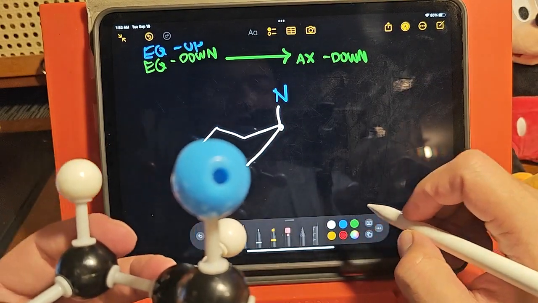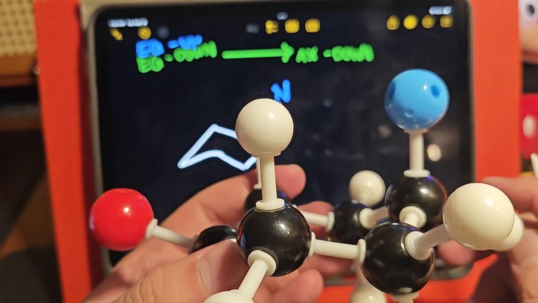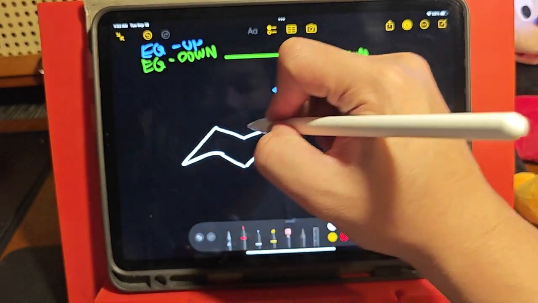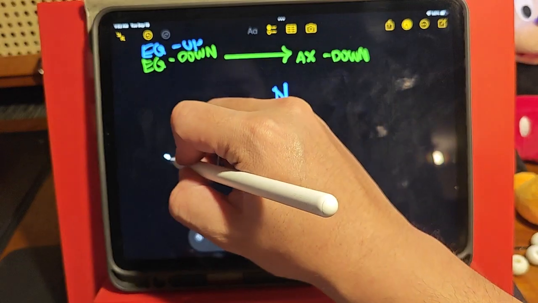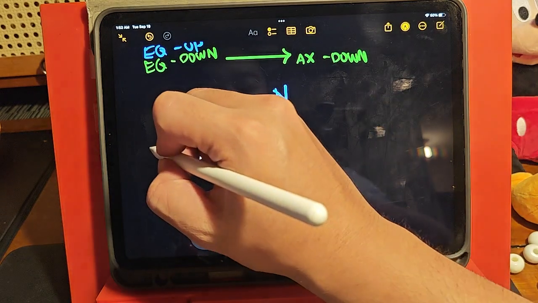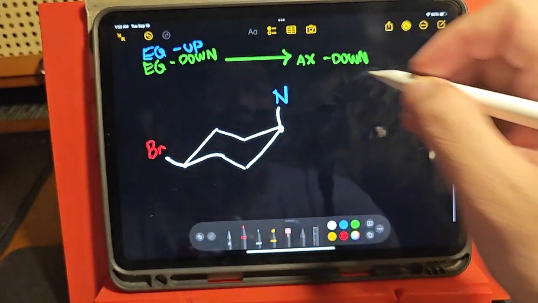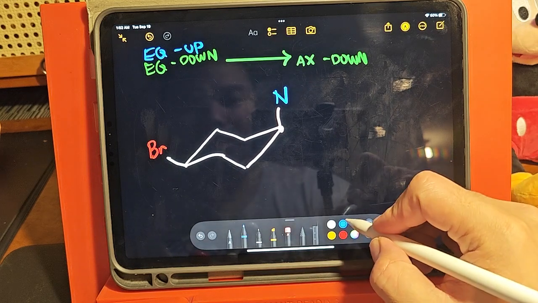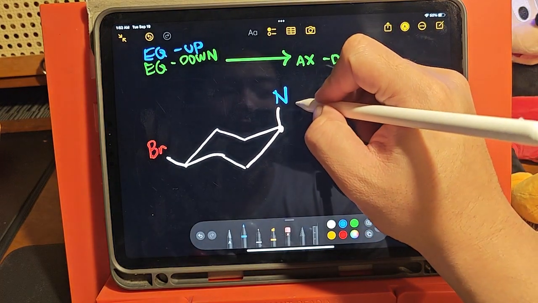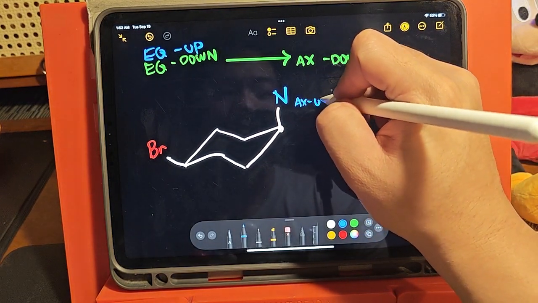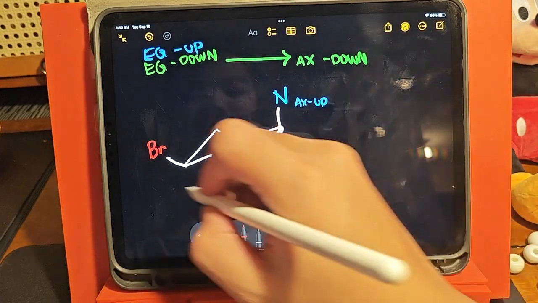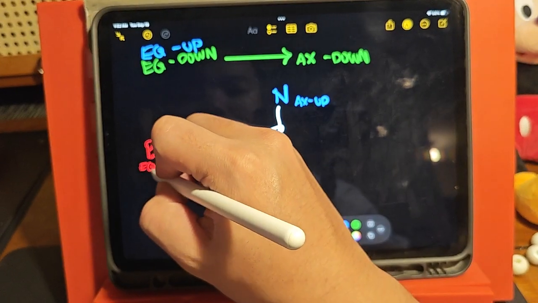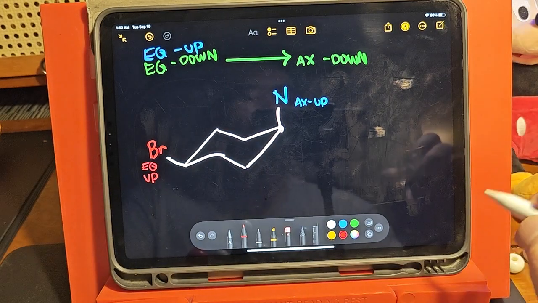And on the footrest position, which is carbon 4, we'll have a red bromine atom on an equatorial up position. So notice how this nitrogen is on an axial up position and this bromine is an equatorial up position.